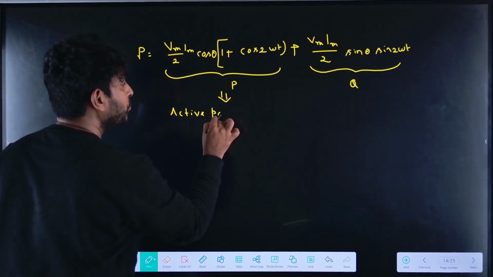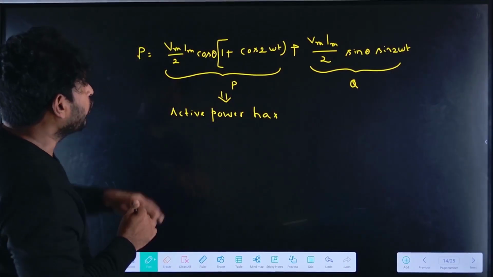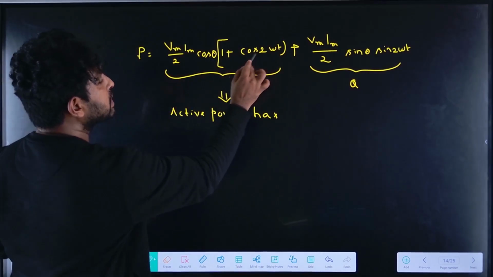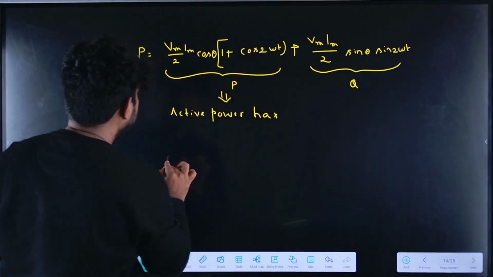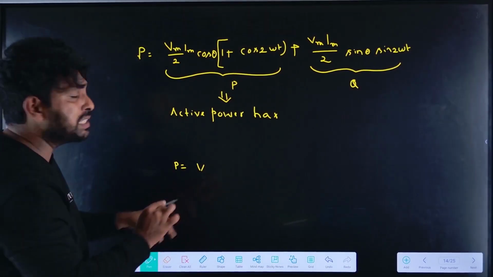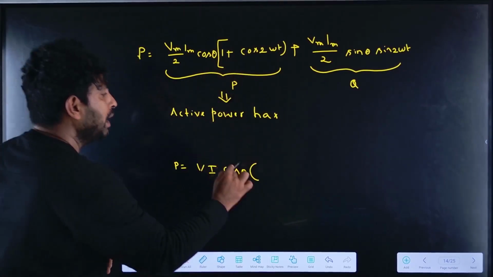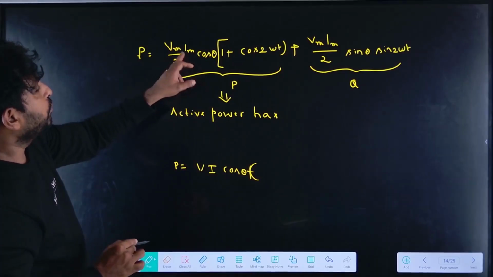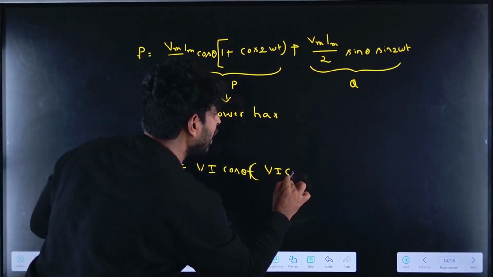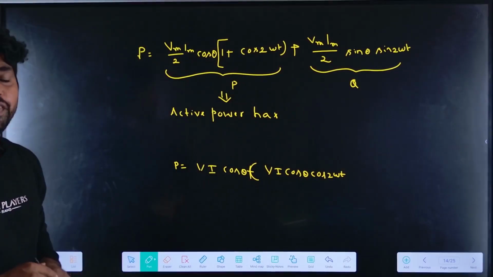Active power has an average power of VI cos theta, that is Vrms into Irms into cos theta, plus VI cos theta into cos 2 omega t, which is the expression for active power.